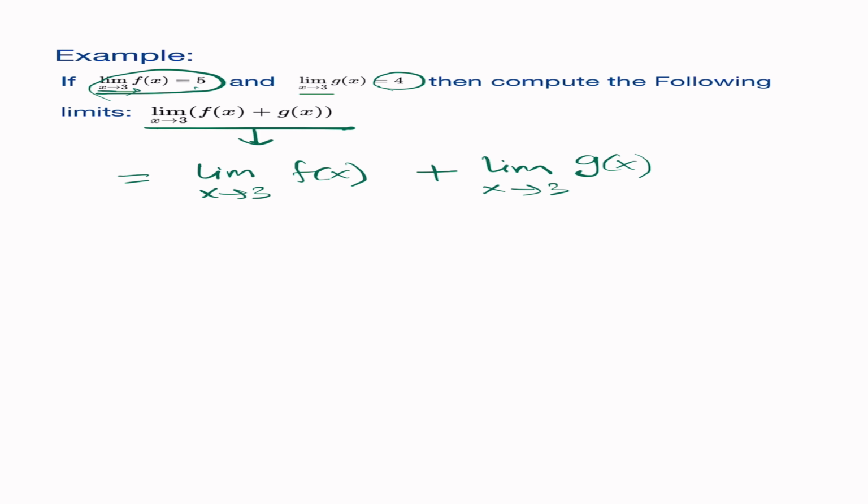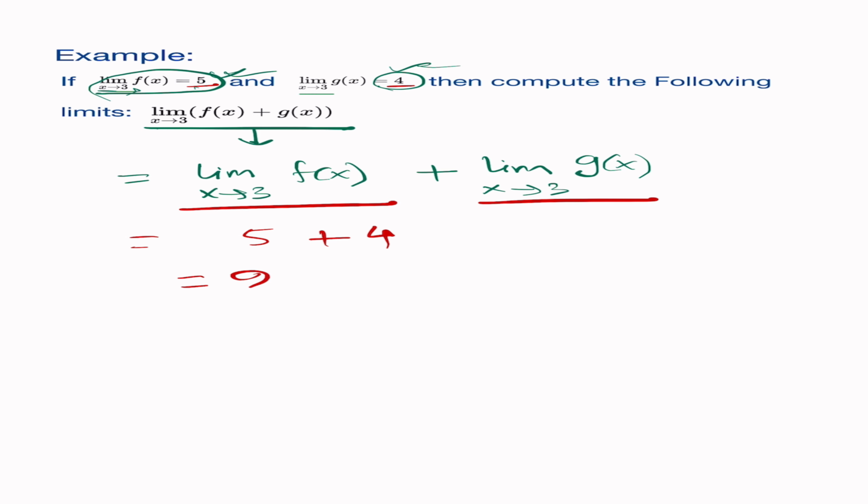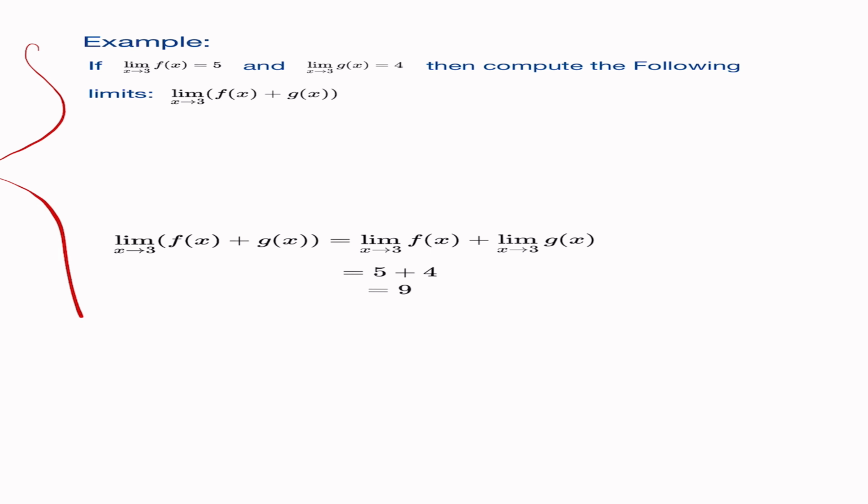We know this value is 5 and this value is 4, so 5 plus 4 is 9. That is our answer.